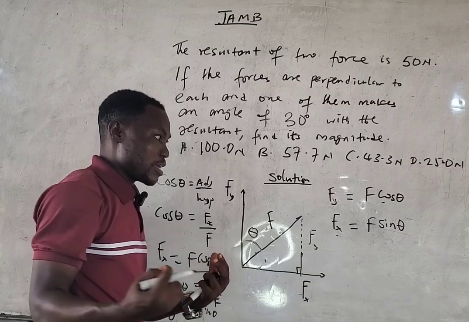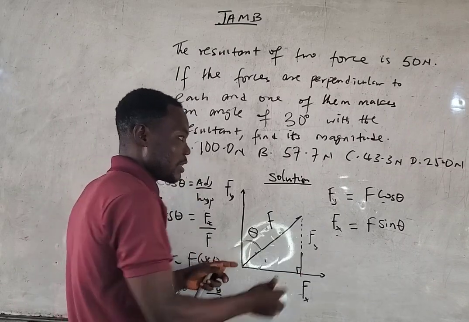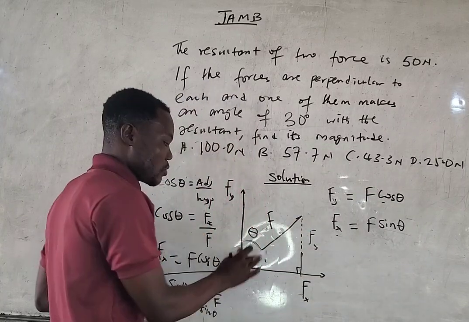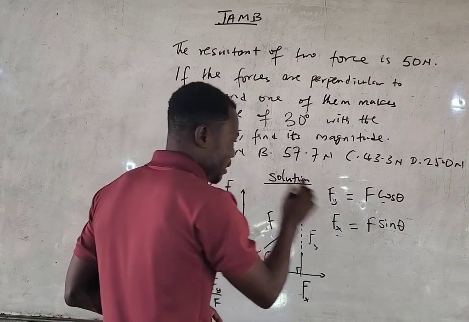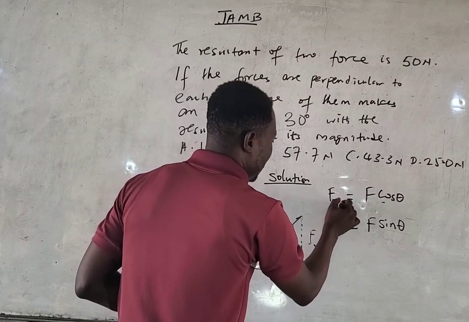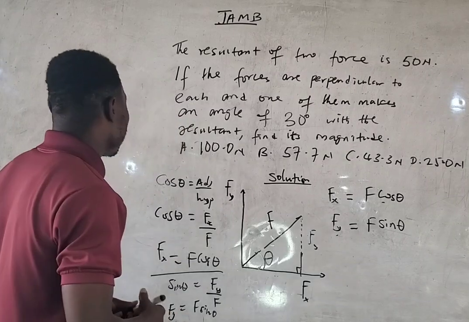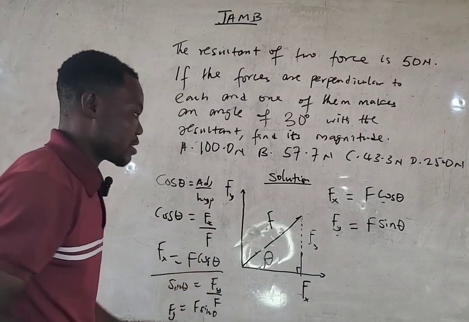So what is the key point there? The key point there is the component that bears the angle takes cosine, then the other side takes what? Sine. So let's return this back the way it is. Then that means we have x and we have what? Y. So having known this, we can go straight to solve the problem.